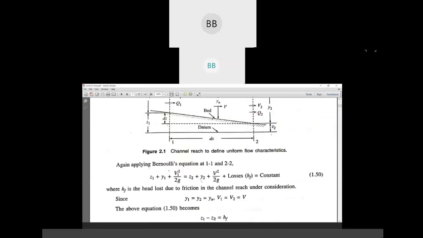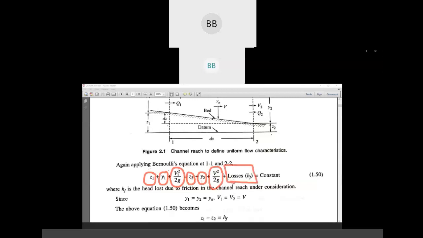You can see here we are using Bernoulli's equation to find out the total energy. We have datum head at section 1, potential energy head at section 1, kinetic energy head at section 1, equal to datum head at section 2 plus potential head at section 2, kinetic energy head at section 2, plus we have to consider the loss.